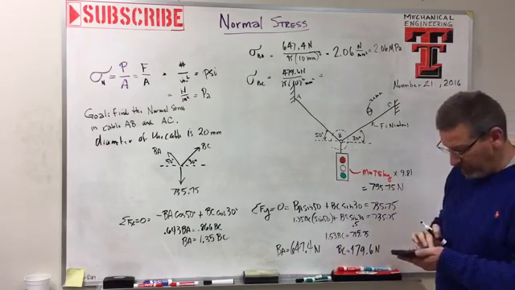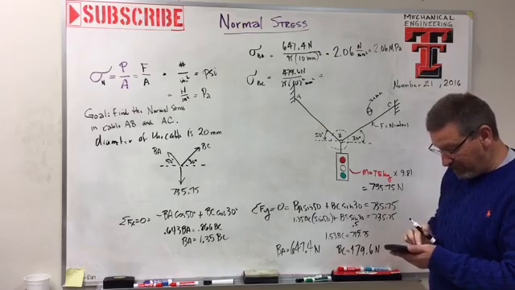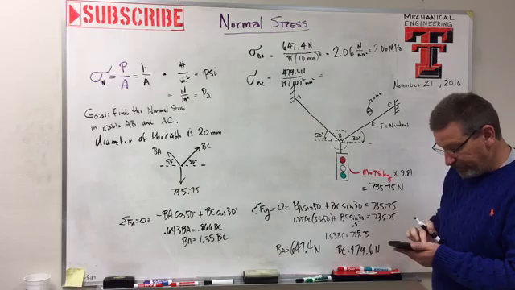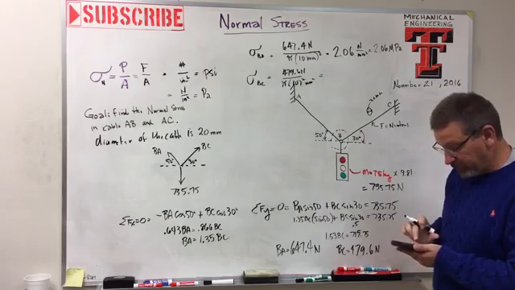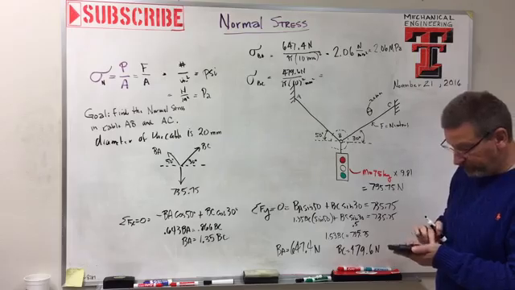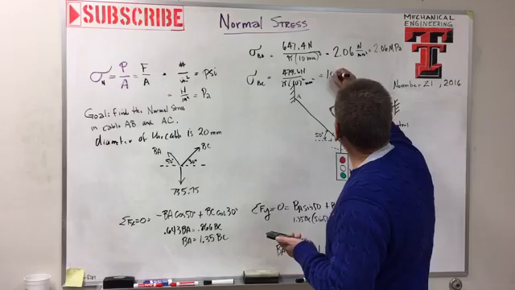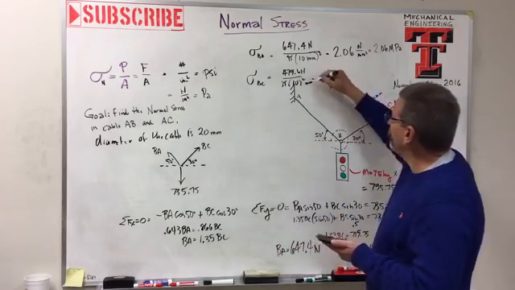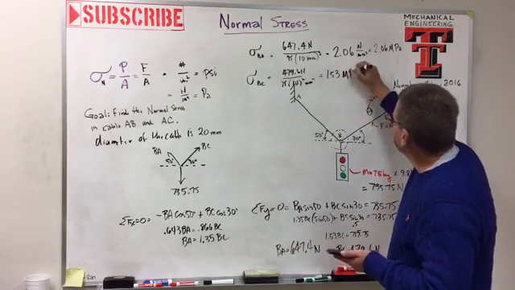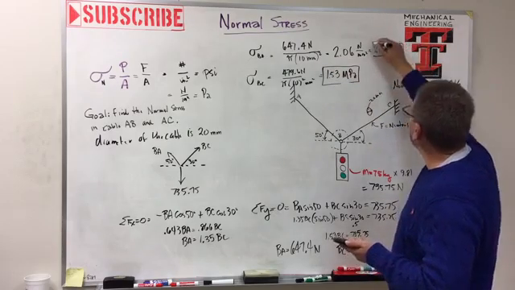And the other one, 479.6 divided by pi equals 152.66, and then divided by 100 is 1.53. That's also newtons over millimeter squared, so that is megapascals. And there you go.